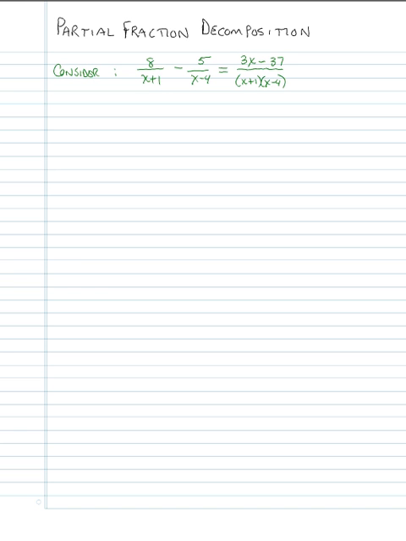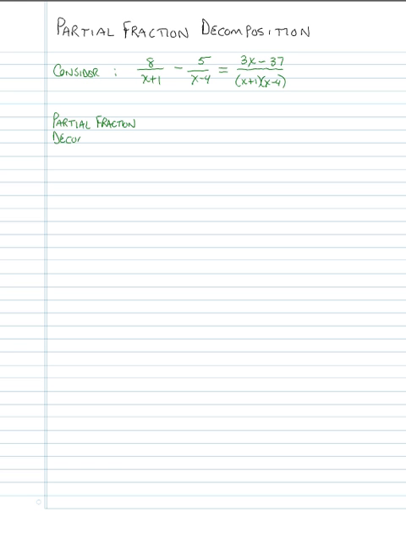Okay. Well, so we're going from a subtraction of a couple or more fractions. We could have more fractions, and we get a single fraction. Well, what partial fraction decomposition is, so we understand what it is, is going the other way.